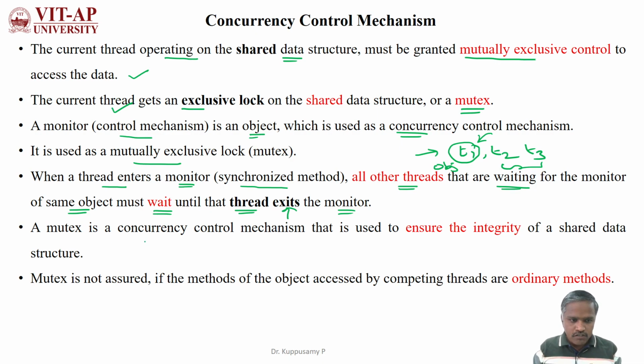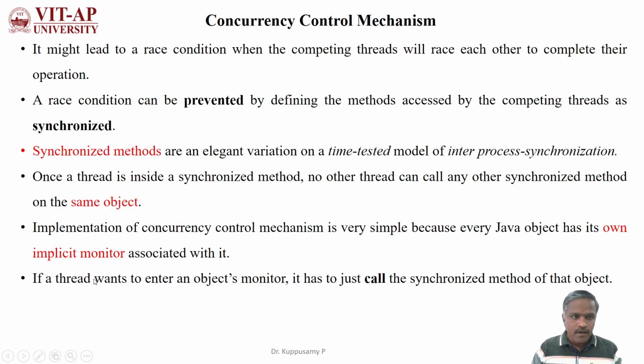The mutual exclusive method is here called the concurrency control mechanism, which is useful to ensure the integrity of that shared data structure or data resource. When you are using ordinary methods, that means methods that are not synchronized, then for those methods the mutual exclusive lock will not be assured. That means those methods will not have mutual exclusion control.